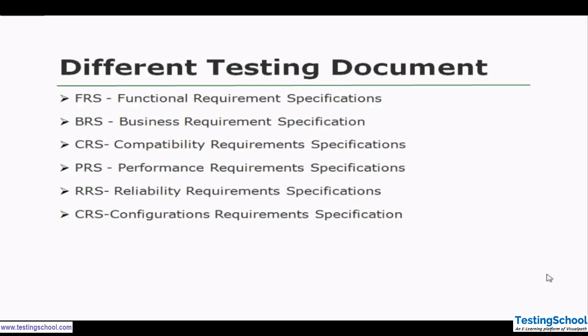So we have the performance testing document for the performance. Then we have the reliability requirement, that is RRS. And at the last we have the configuration, like what the system configuration is for building this application.